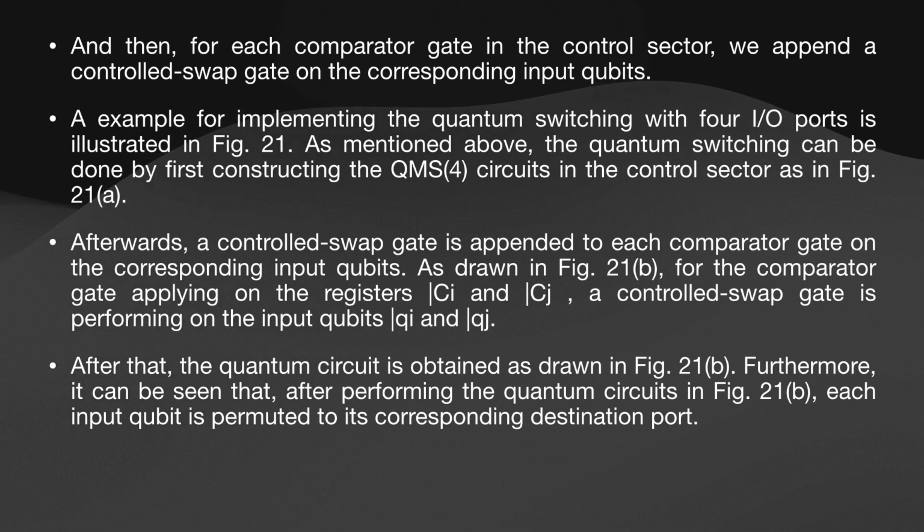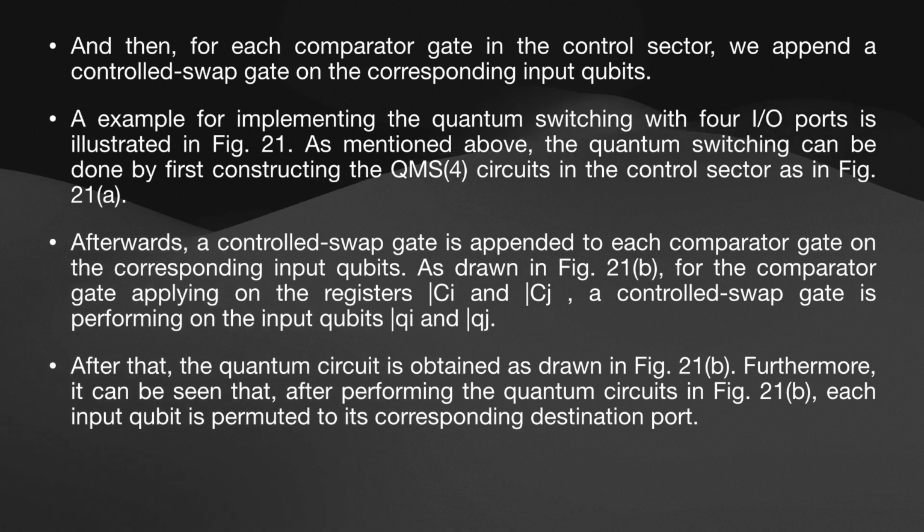An example for implementing the quantum switching with 4 IO ports is illustrated in figure 21. As mentioned above, the quantum switching can be done by first constructing the QMS 4 circuits in the control sector as in figure 21a. Afterwards a controlled swap gate is appended to each comparator gate on the corresponding input qubits as drawn in 21b.